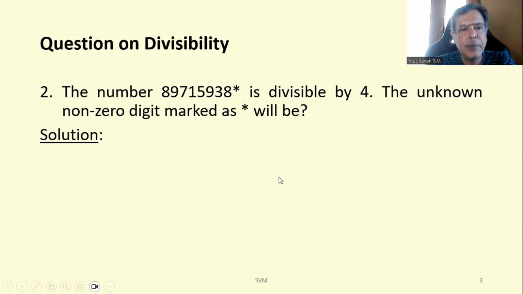Next question. The number 89715938 is divisible by 4. The unknown digit marked as star will be what?